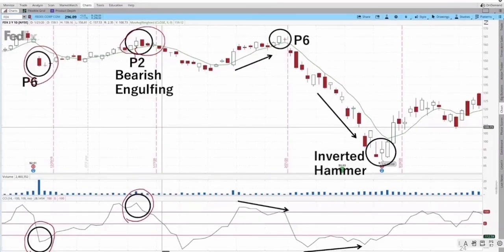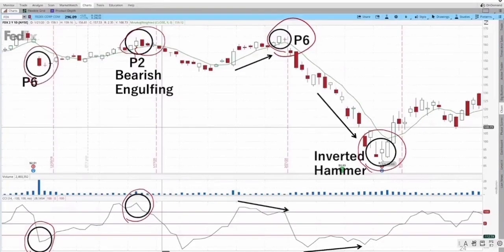If you trade futures, you can use P6, the bearish harami cross, to take a short position and close your position when you see the symbol of the inverted hammer candlestick right here. But before that, you should check if there are any other signals to support you to enter and exit this trade. Yes, we may say yes.